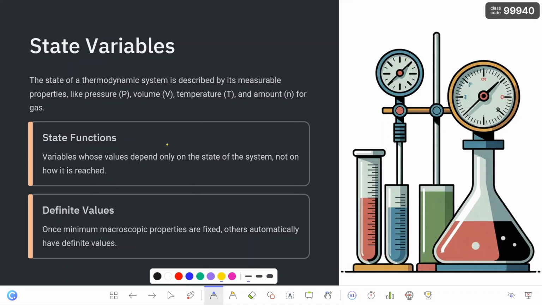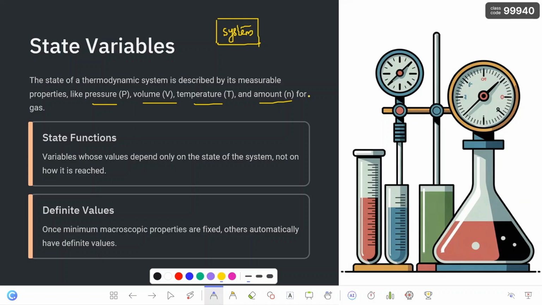Okay. The next term is state variables. State variables means, as I told, there is a system which is under study. So this is the system. We can identify the state of a system by defining some variables like pressure, volume, temperature, amount of gas.